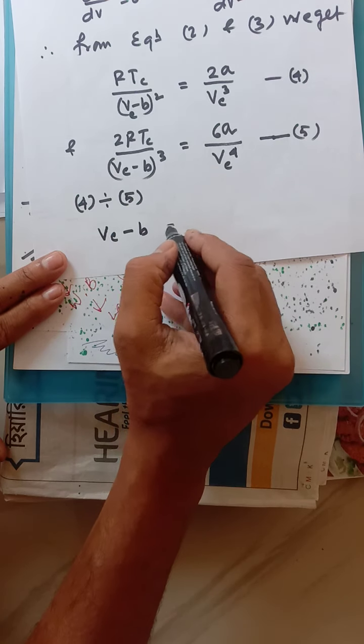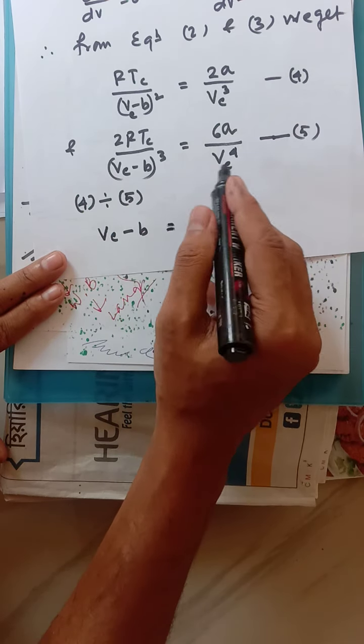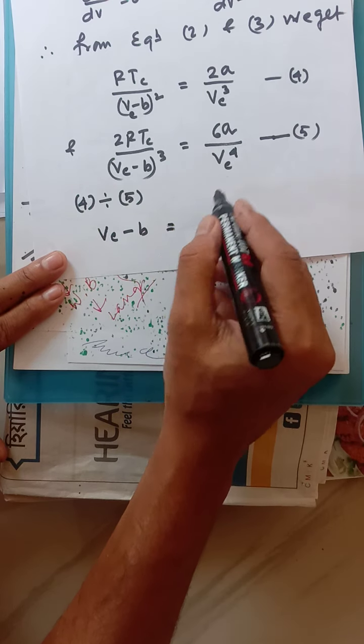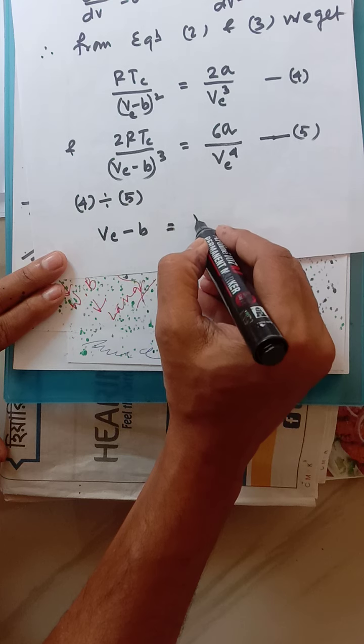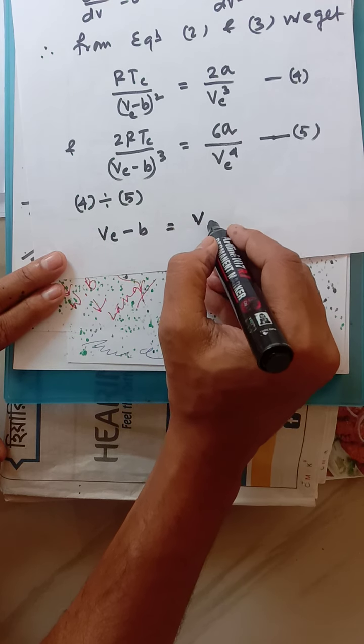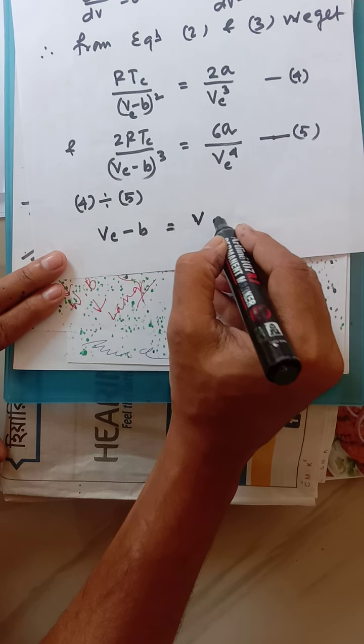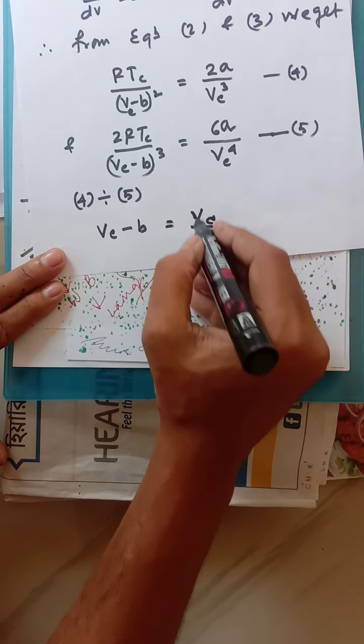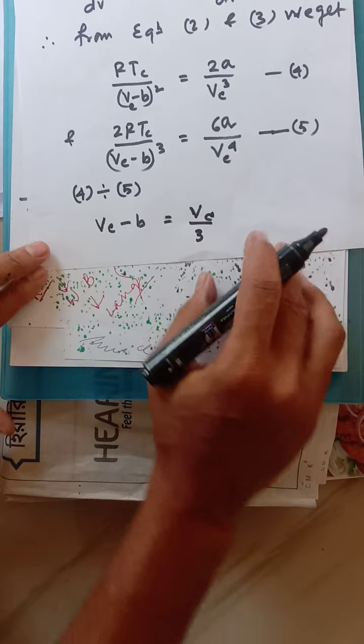So VC minus B equal to, what should I write over here, that means it is also divided, VC by, it will be 3.